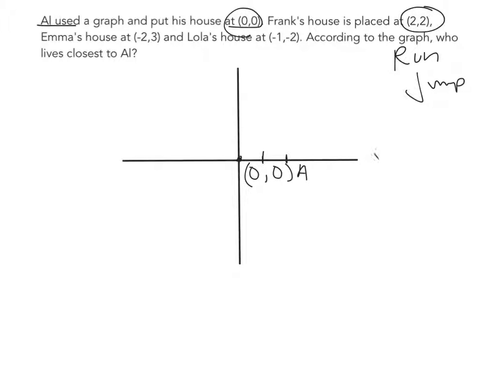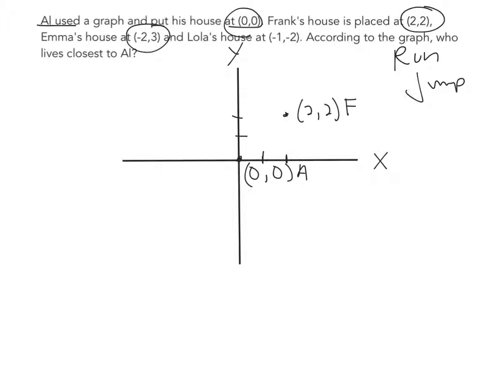So I'm going on my x-axis first, then my y-axis. So I'm going over 2 and up 2. And I'm just trying my best to place these as accurately as possible. Okay, so this point is 2, 2, and this is Frank's house.